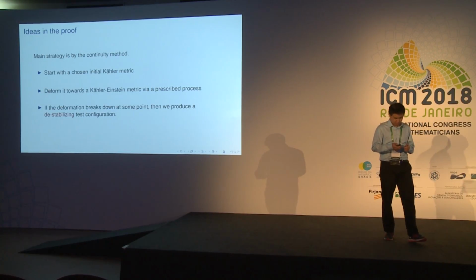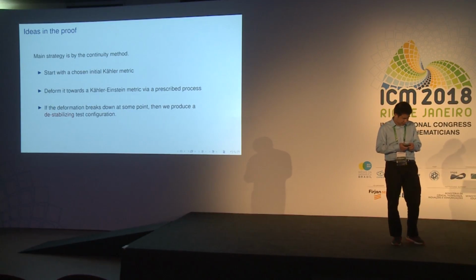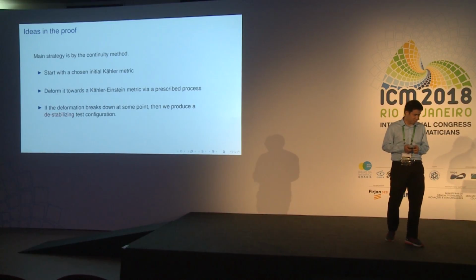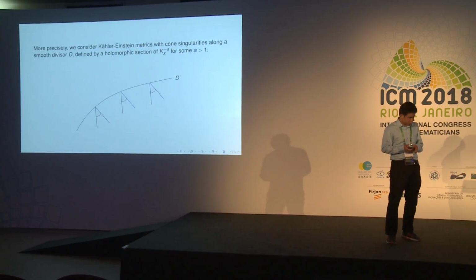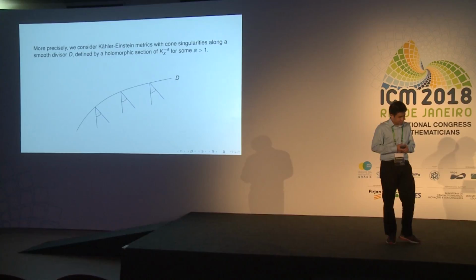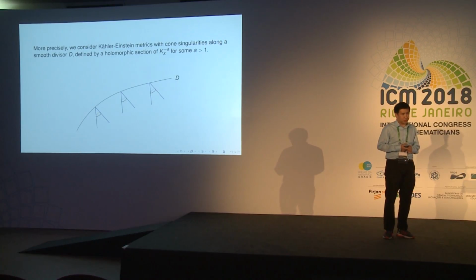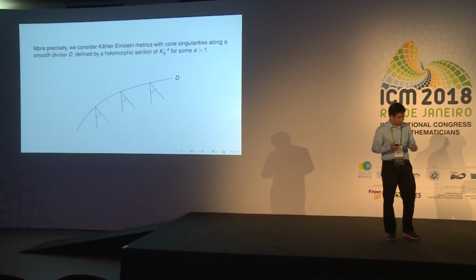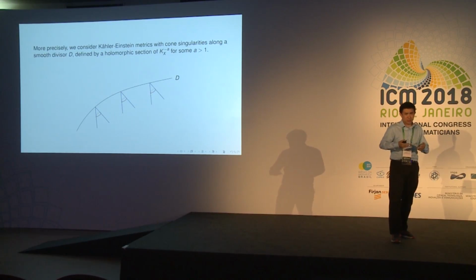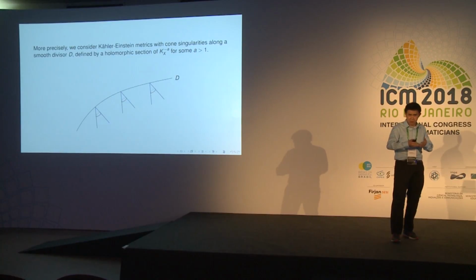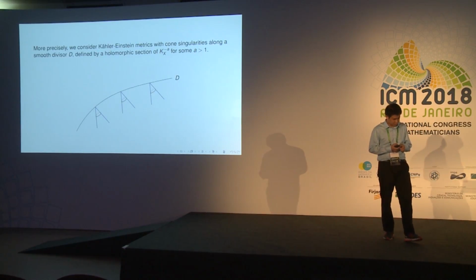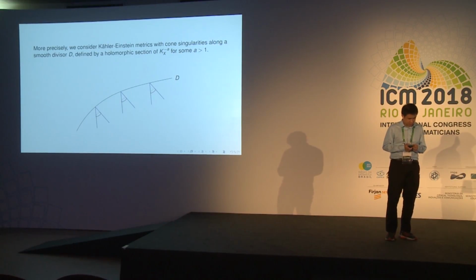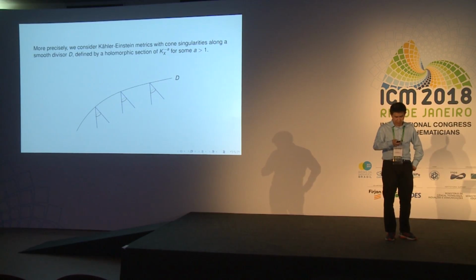At this point, we need to produce a destabilizing test configuration, which is a test configuration with non-positive Futaki invariant. More precisely, this deformation procedure involves Kähler-Einstein metrics with cone singularities along a suitably chosen smooth divisor. So you start with a Kähler-Einstein metric with small angle along this divisor, and then try to enlarge the angle until the angle hits 2 pi. And you will get a smooth Kähler-Einstein metric.